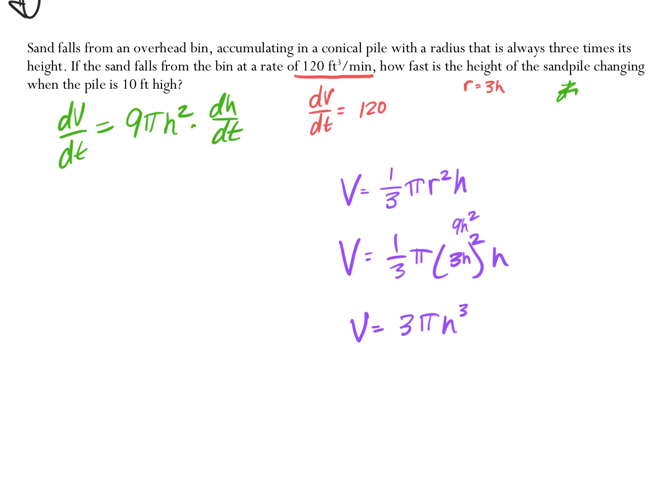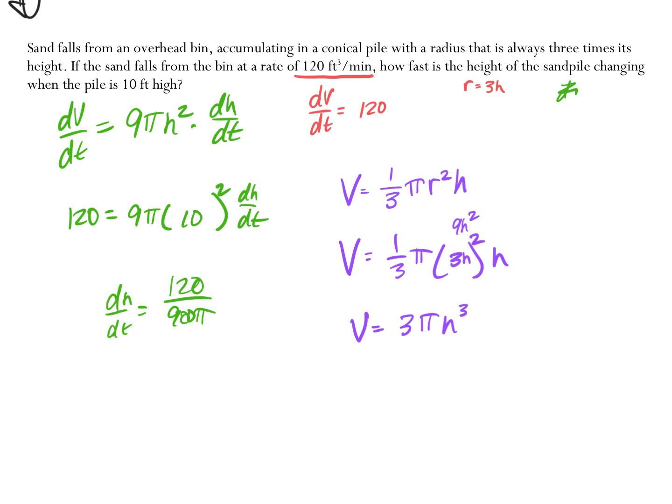What do I know about dV/dt? 120. 120 equals 9 times pi times, at the moment we're trying to find, the height is 10 feet, squared. 120 over 900 pi.